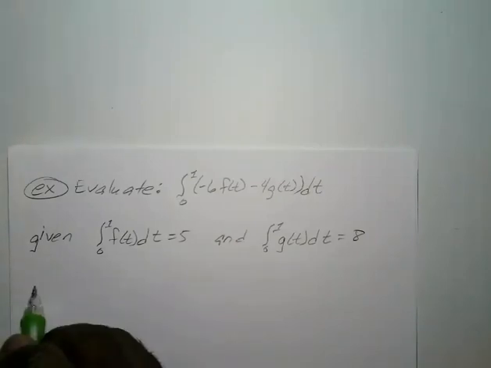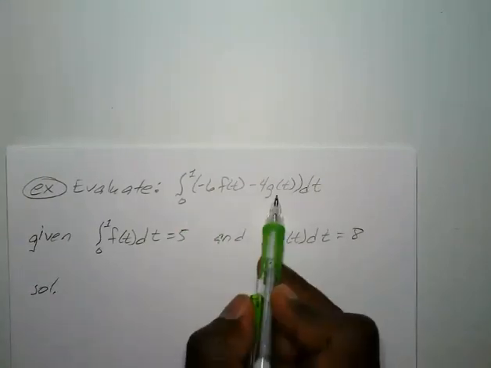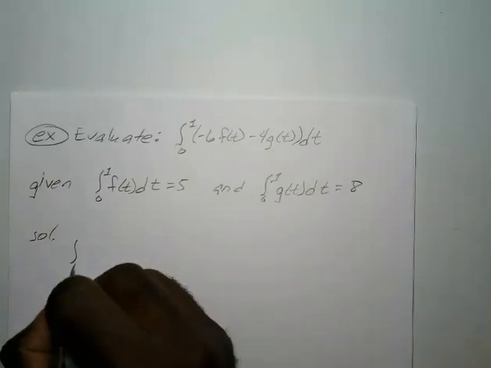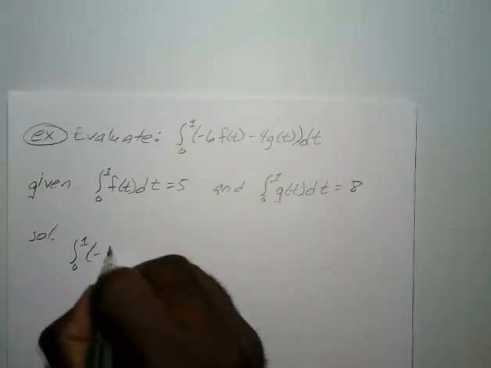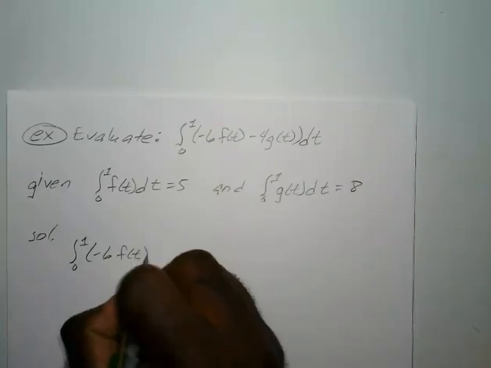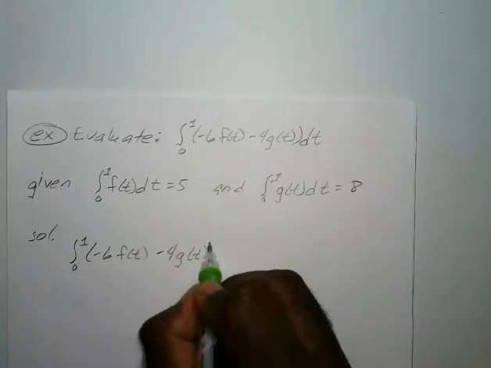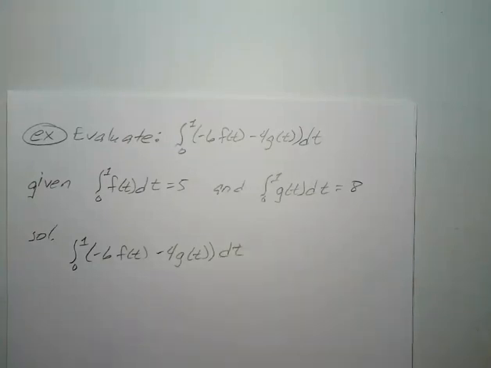Okay, so with this one, I'm just going to go ahead and rewrite that. You have the integral from 0 to 1, negative 6 f of t minus 4 g of t with respect to t.